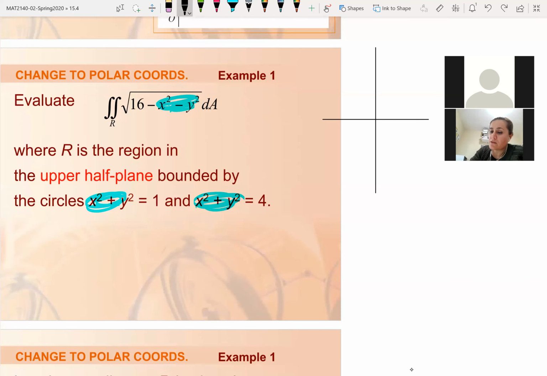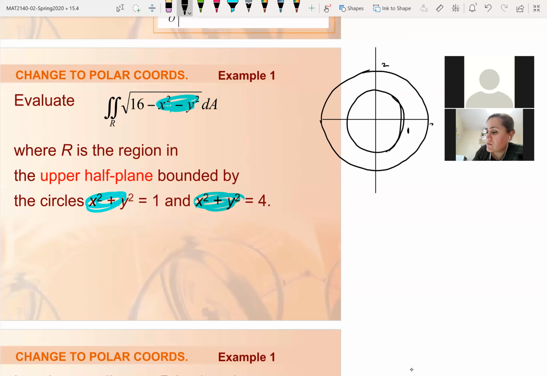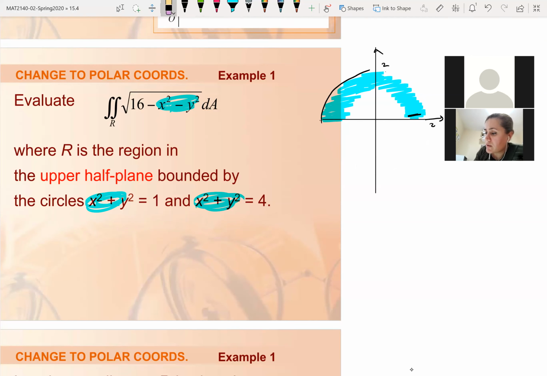Okay, so then I have a circle with the radius of 1, and then I have a circle with the radius of 2, but it says upper half, right? So since it says upper half, this is going to be really this piece only. If I erase the bottom piece, I think it's erasing the entire one, but that's fine. I'll just redo it. It's not a big deal.